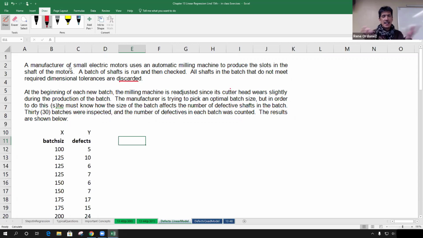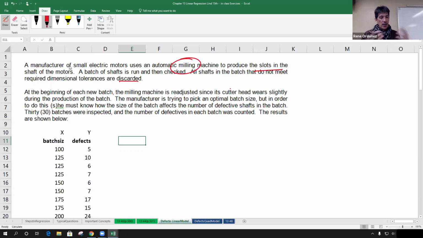All right? So if you can visualize the process, there is this tool that is used to mill the slots in the shaft of the motors. If you are using a tool to mill, there would be a degradation of the cutter as more slots in the shafts of the motors are milled.